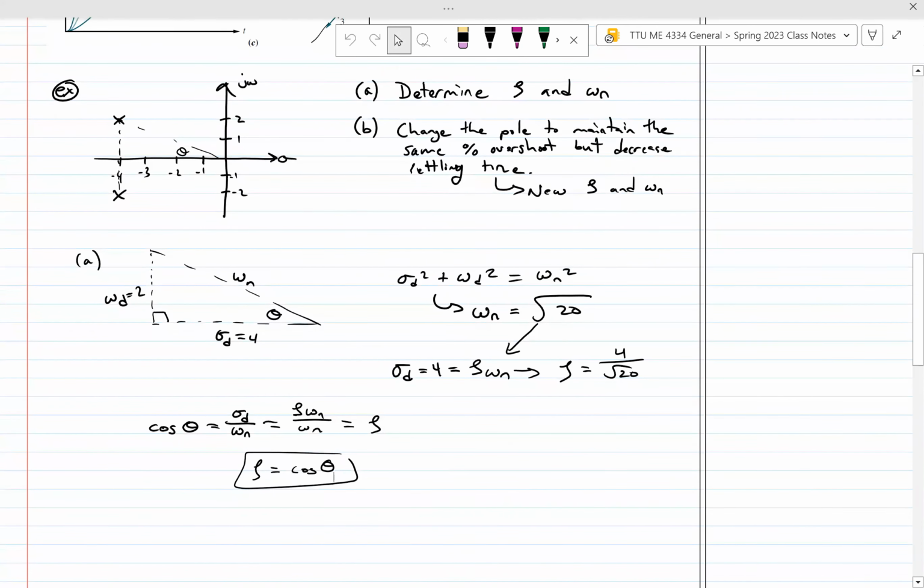Any questions on the first part here? Not, let's go through B now. So now I want the same overshoot, but I want to decrease settling time. Give me a new zeta, give me a new omega n.